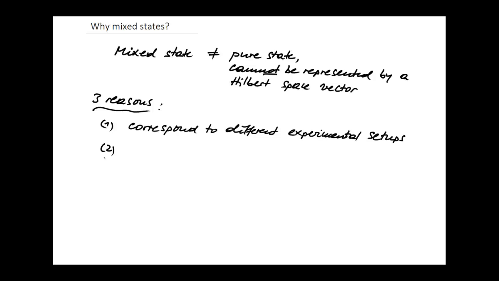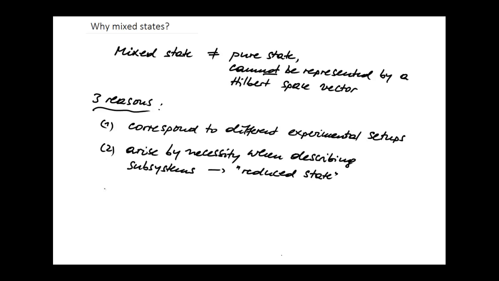Another reason that I would like to give you is that when you look at larger systems, composite systems, systems that are composed of several parts, and then you wonder, how can I describe a subsystem? How can I describe just one of these several parts? Then it turns out that by necessity you will need mixed states to describe a subsystem.